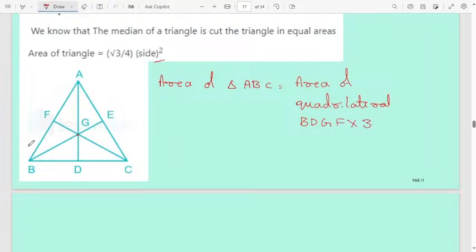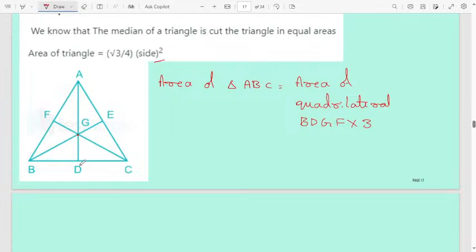Why 3? Consider BDGF, this is a quadrilateral. Like this you have 3 quadrilaterals: 1, here one more, 2, and this one is 3. All the 3 quadrilaterals will have the same area.